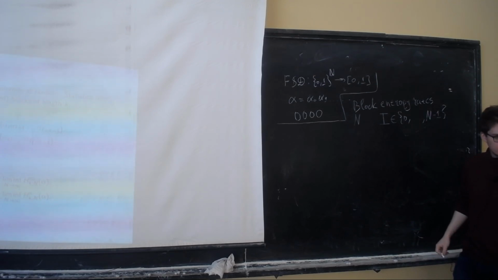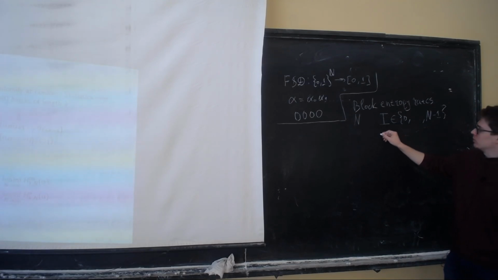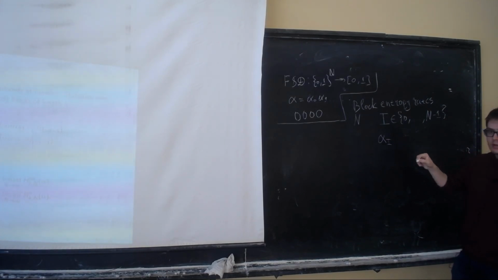And then I can consider a random variable which is a function of I, the block of length k which starts at I: alpha sub I, alpha sub I plus 1, and so on.